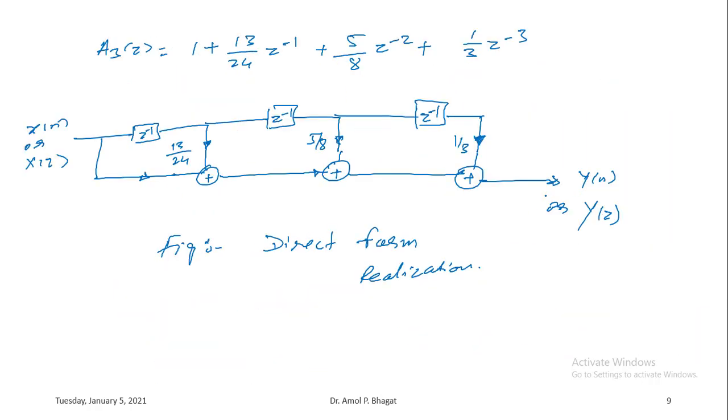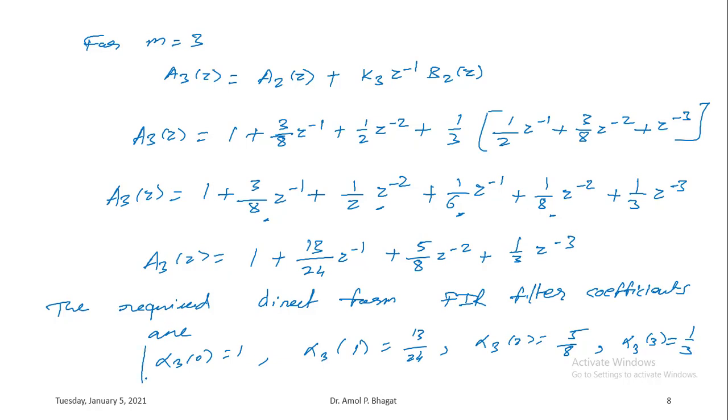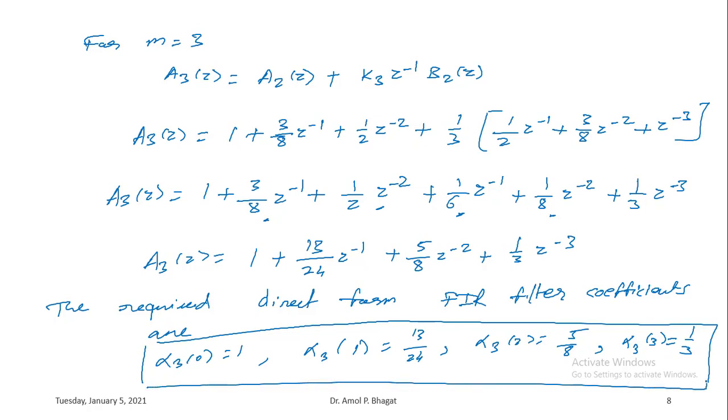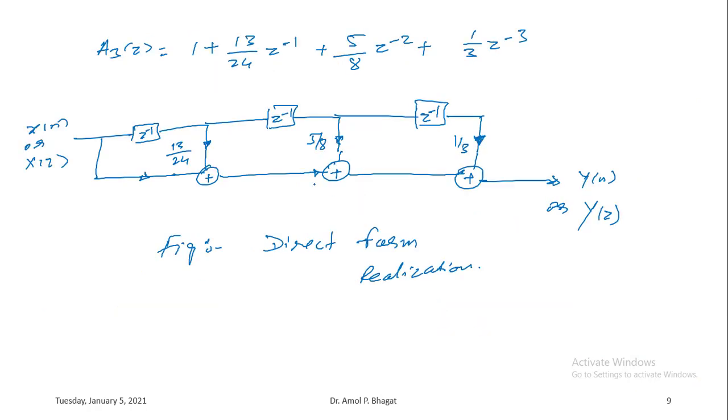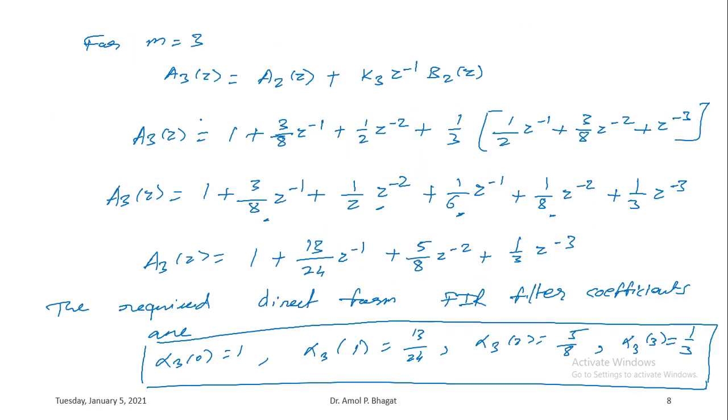So the final required coefficients are these. Again, there is no need to draw this realization structure; it has been drawn only for your understanding. These are the required direct form filter coefficients.